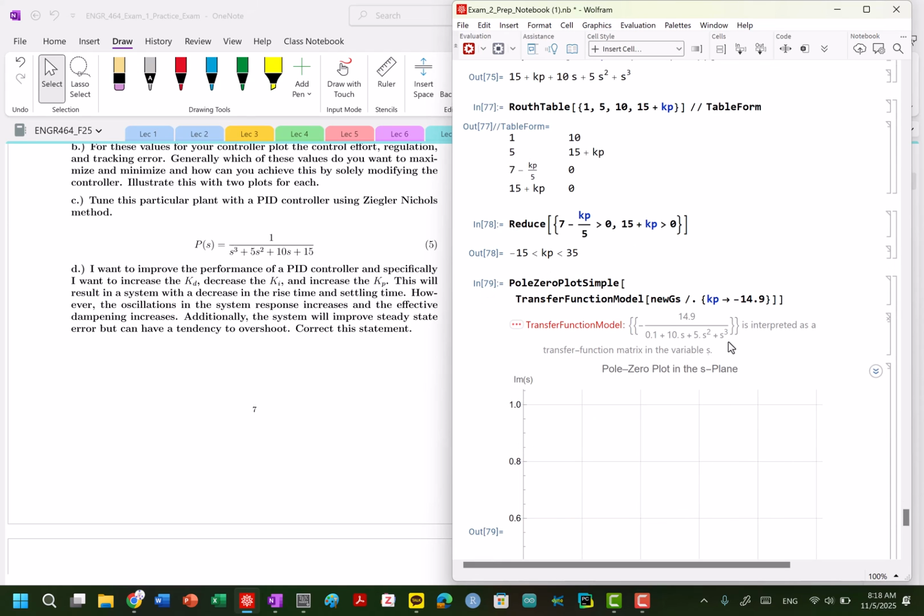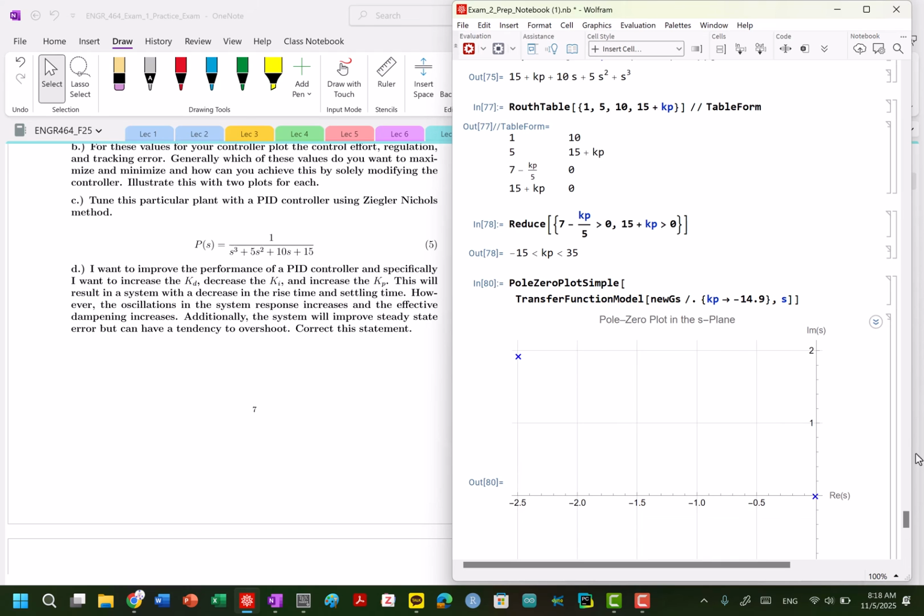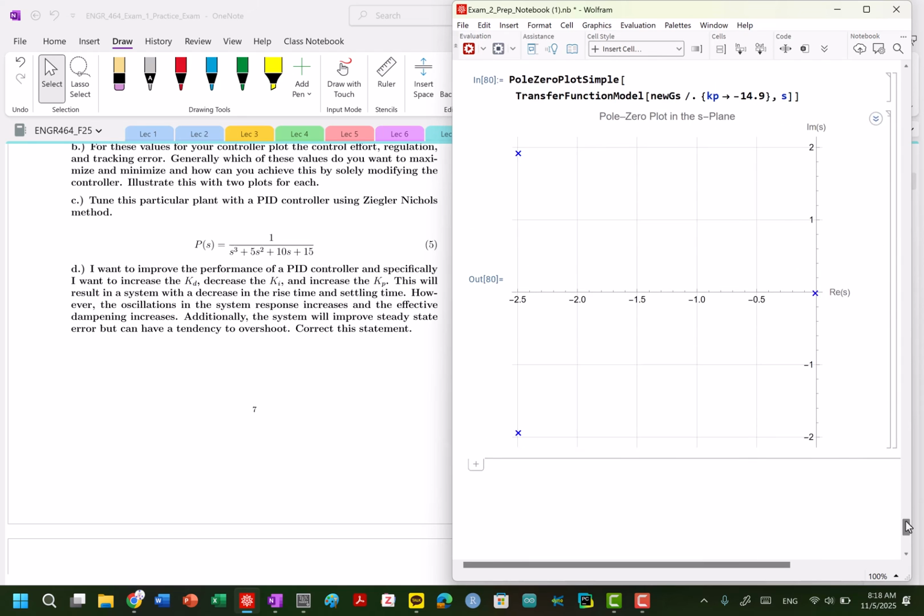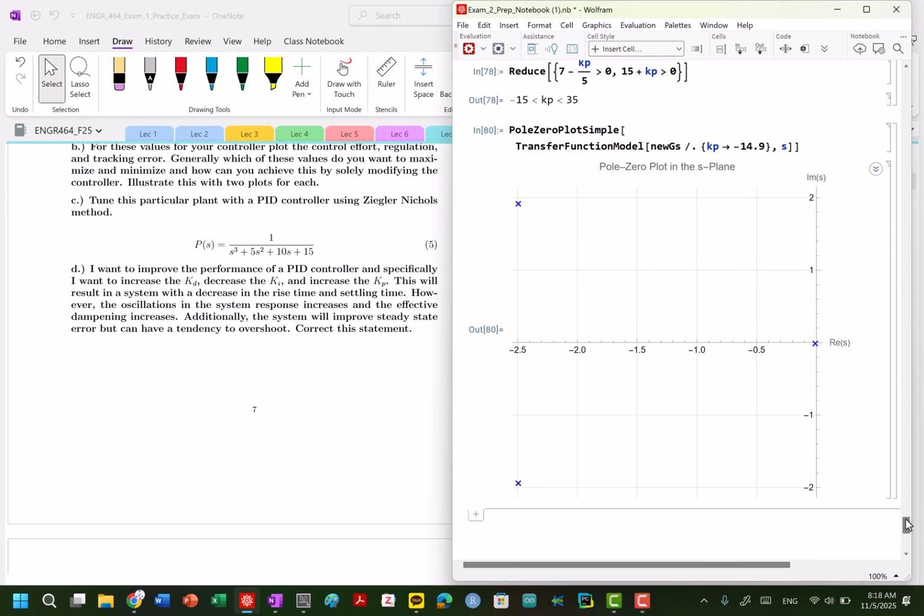Then we need to put it in terms of S. Here we have that pole at 0, but we have these imaginary components too. It could be oscillatory, but I feel like it's decaying.